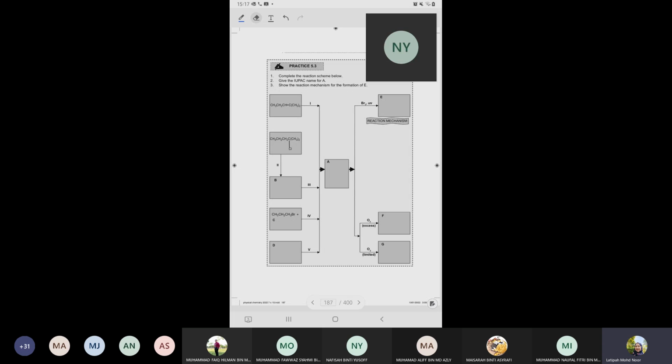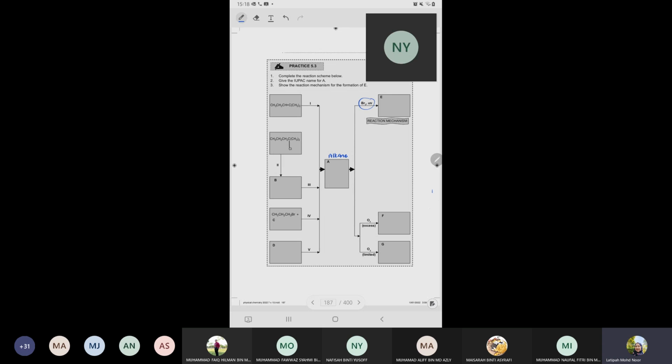Yang paling nampak sekali lah strukturnya. Ini alkene dapat A, lepas tu ada Br2, UV. So kita boleh teka that E is actually an alkane, because only alkane can react with Br2, UV.